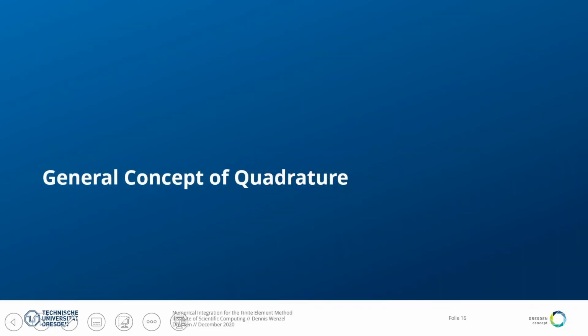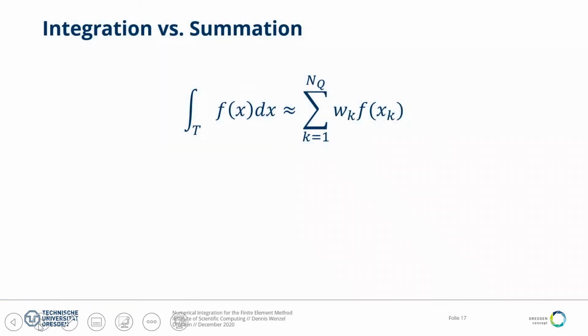Now that we have found out that we want to generate a numerical scheme for integration, we want to discuss what that in general means. So let's talk about the general concept of quadrature. That whole thing can be summed up in this simple equation, or approximation.